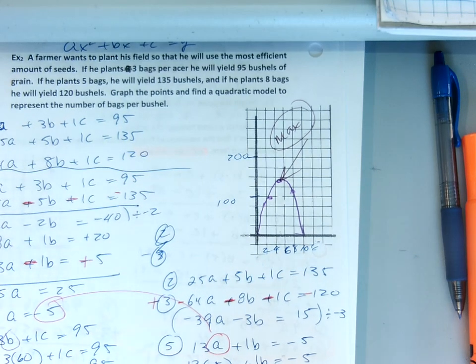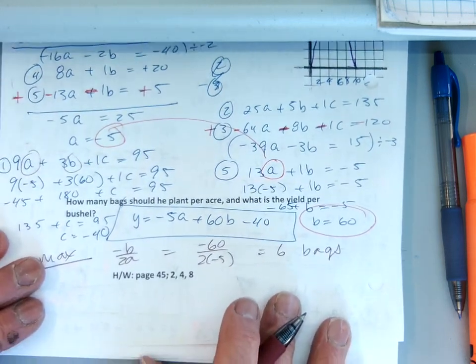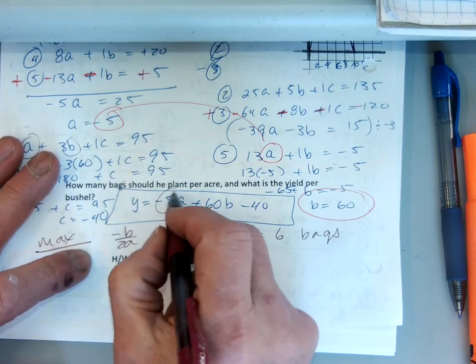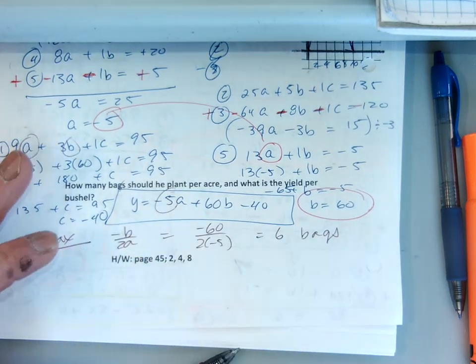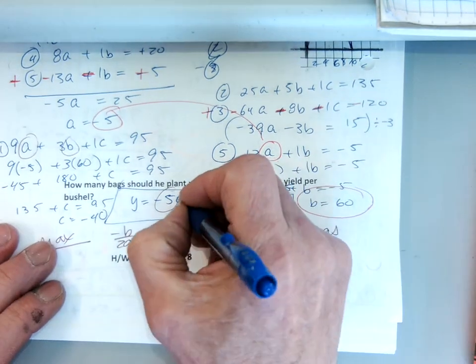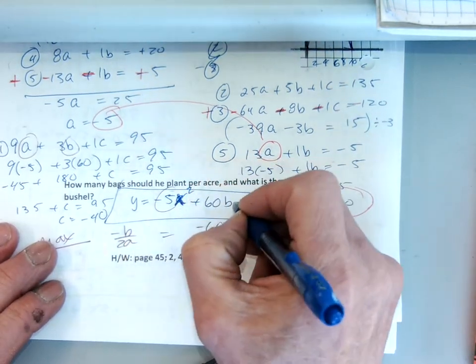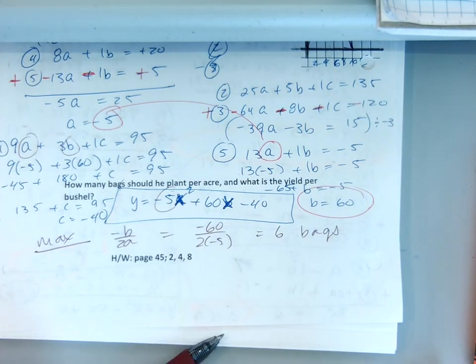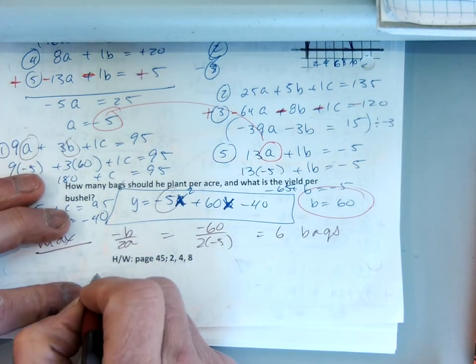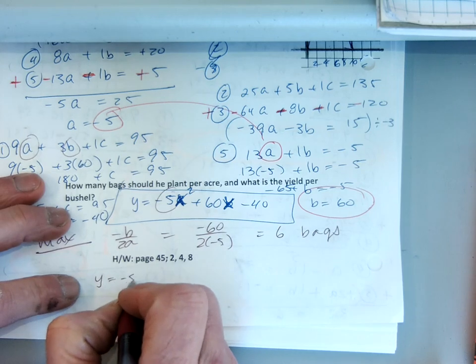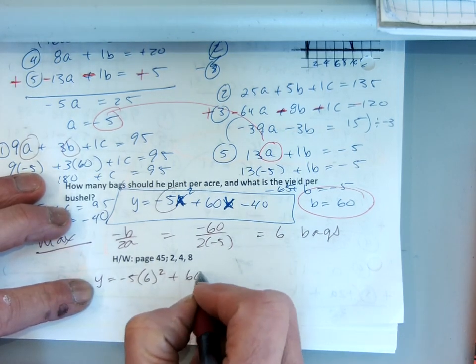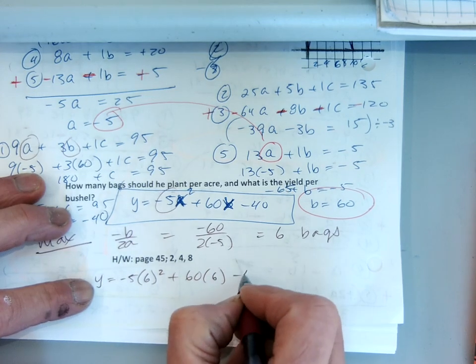bags per acre, and if I want to know how many that would yield, I use my negative b over 2a. Here's my a, x squared, and x. If I want to find my yield, y equals negative 5 times 6 squared plus 60 times 6 minus 40.